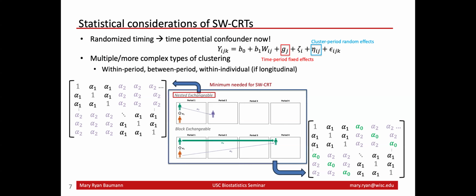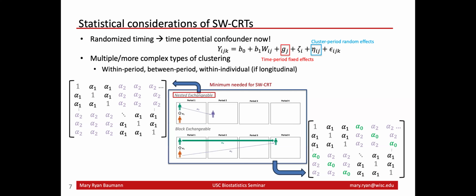So usually we do this by just including a typical time period fixed effect of some sort: dummy variables for time periods, a linear variable for continuous time, splines, choose your favorite.